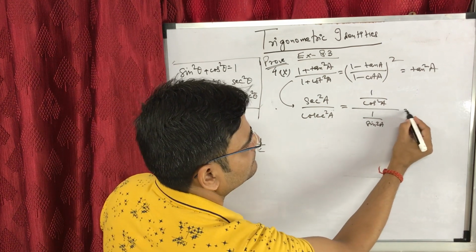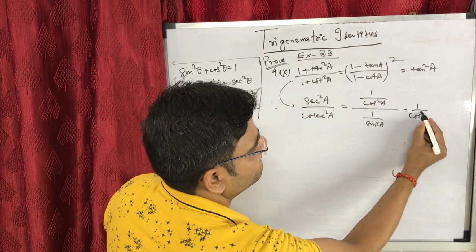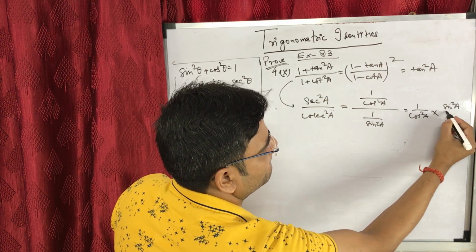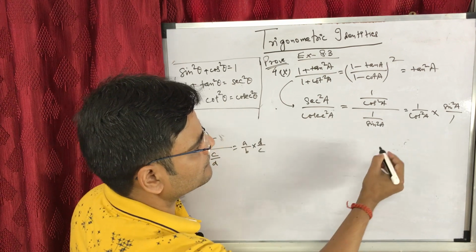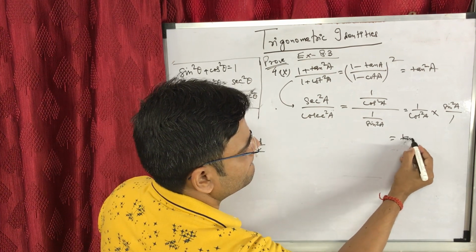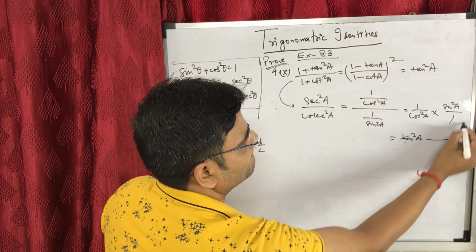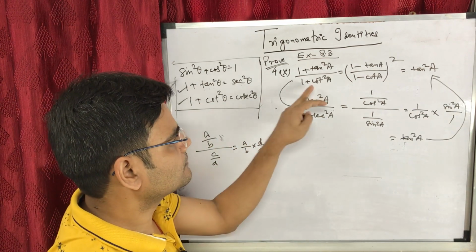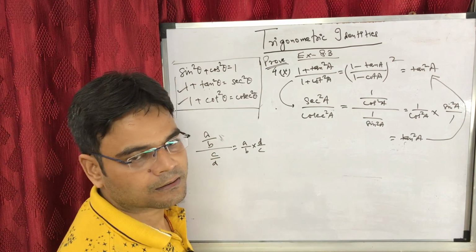So this becomes 1 by cos square A into sin square A by 1. So sin square A by cos square A is tan square A. Correct? The first one is proved, it is equal to tan square A.